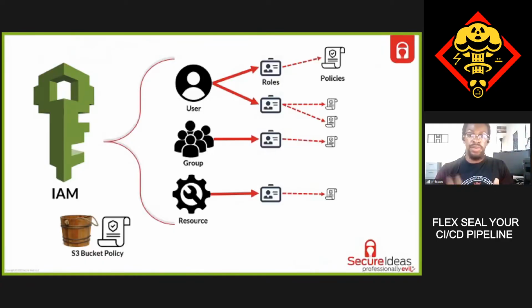Back to IAM. When you mess up either in IAM or S3 bucket policies, you're just spelling out disaster, and you're opening yourself up to exposure. The Capital One breach wasn't simply, oh, they left an open S3 bucket on the internet. The attacker was able to compromise the web app that was running on an EC2 and was able to navigate through a web application firewall.